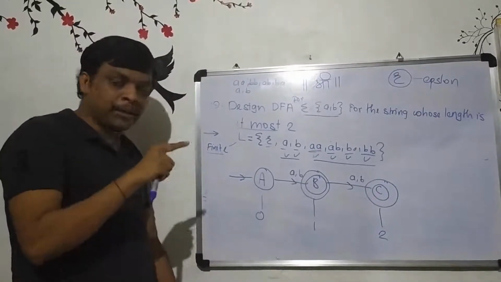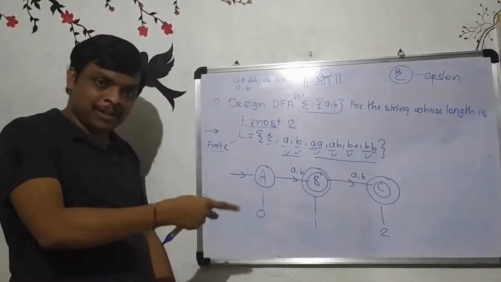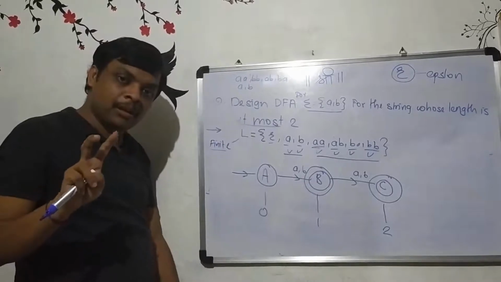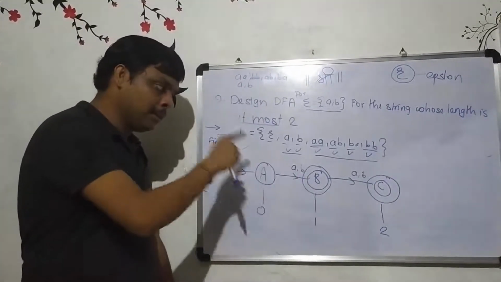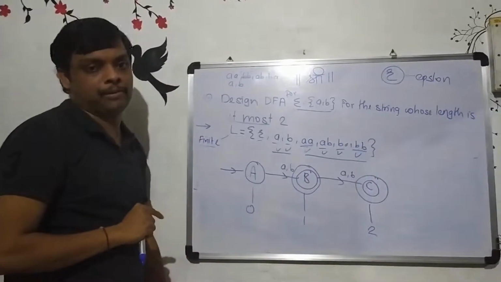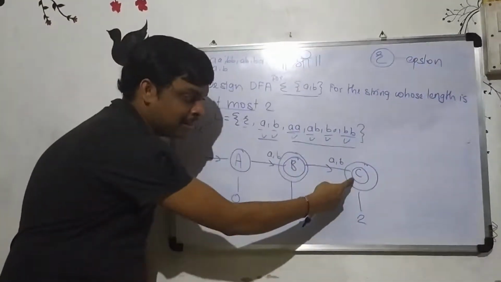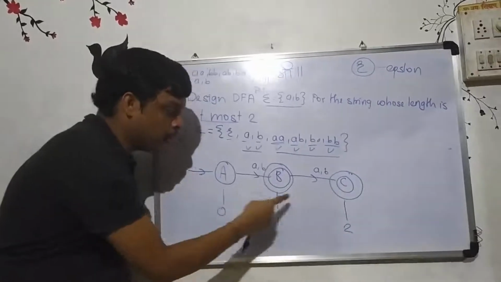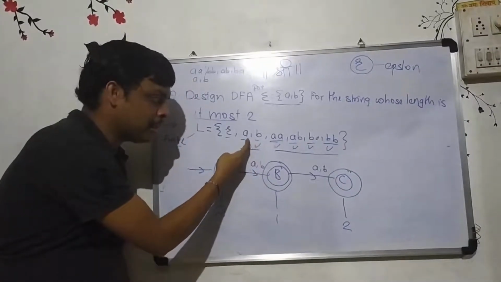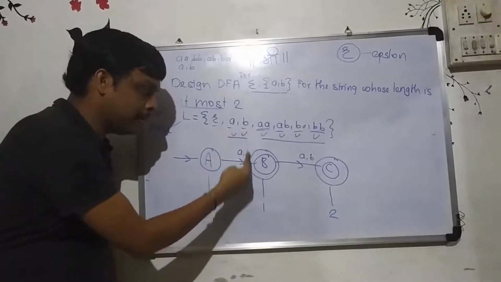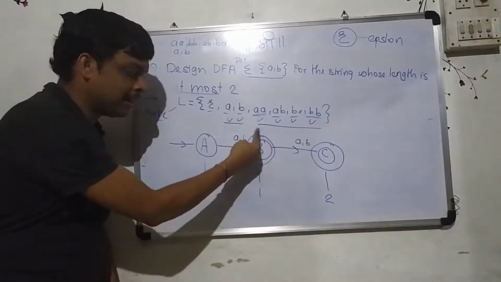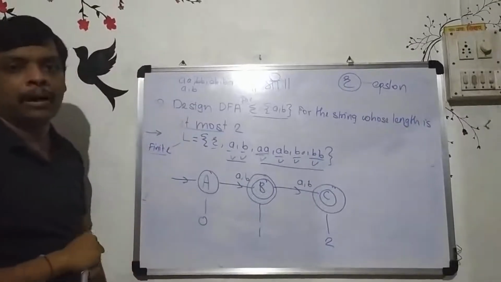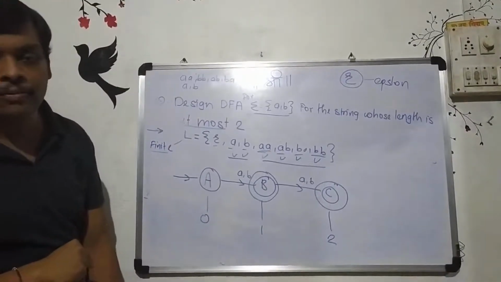In the last 2 examples we dealt with only one final state, but unlike that, here we have to increase the number of final states. Why? Because this is accepting strings with length 2, but according to the language strings with length 1 also we have to accept. So this state here represents strings with length 1, so that's why we have to make capital B final as well.